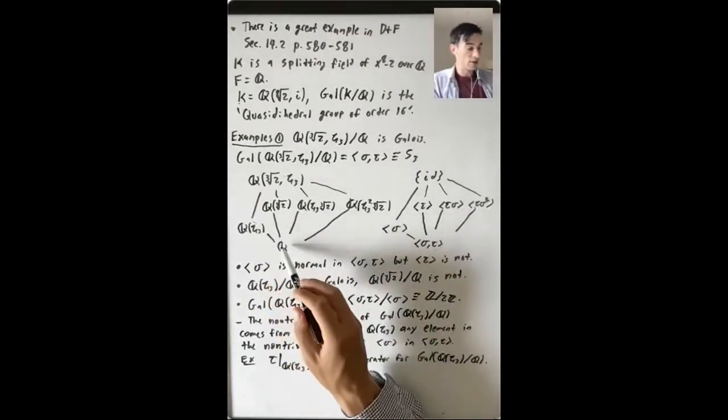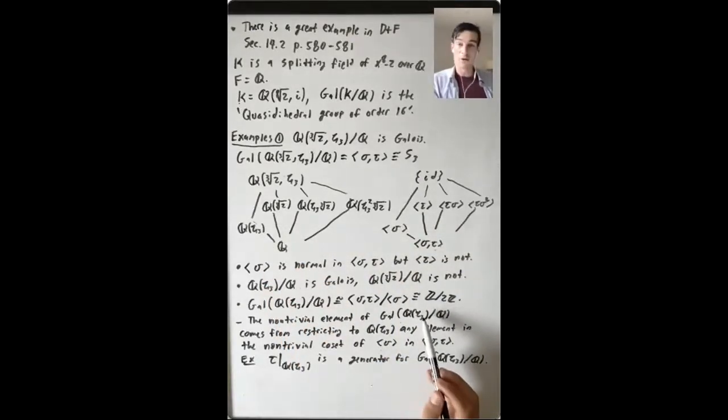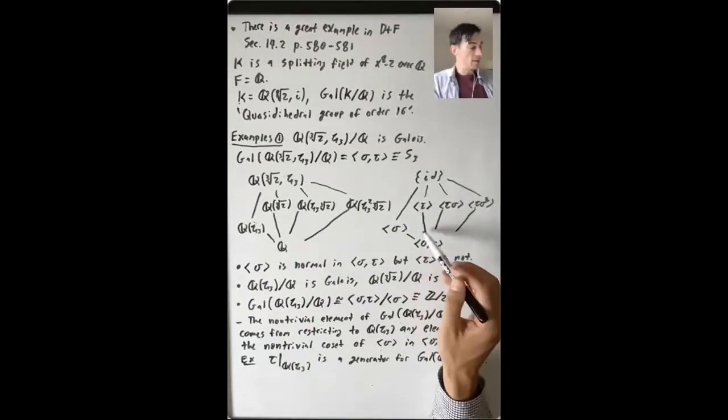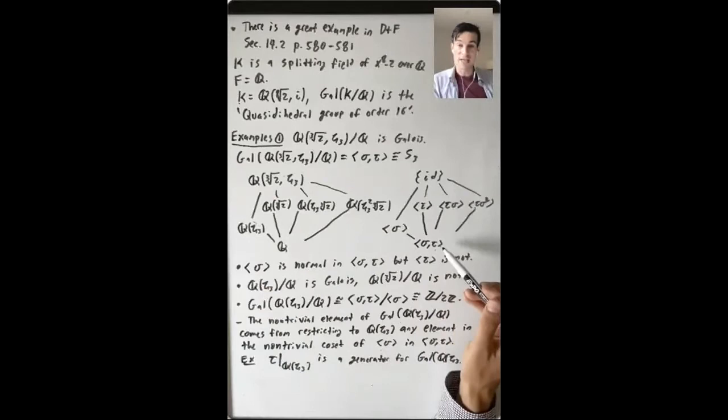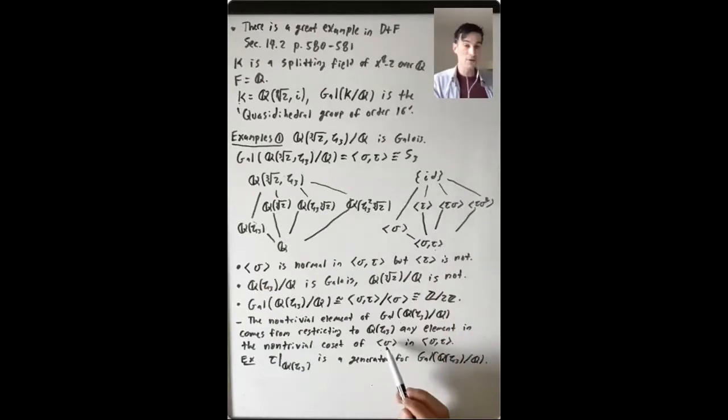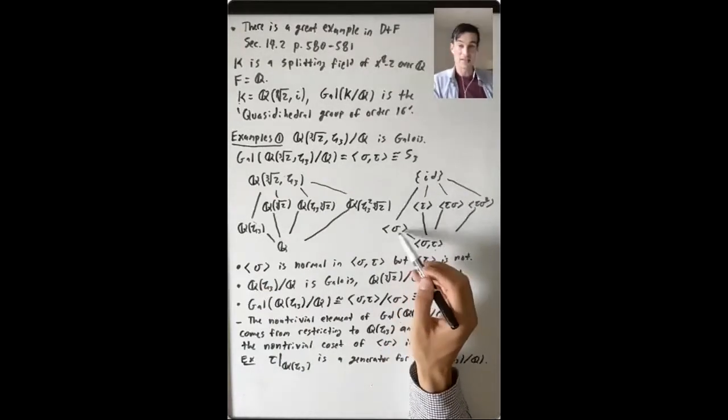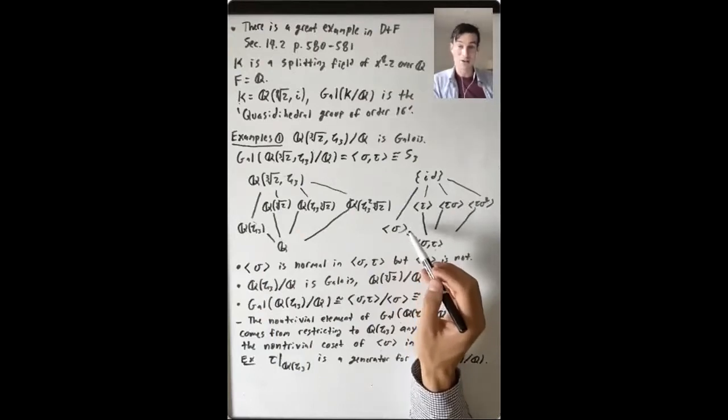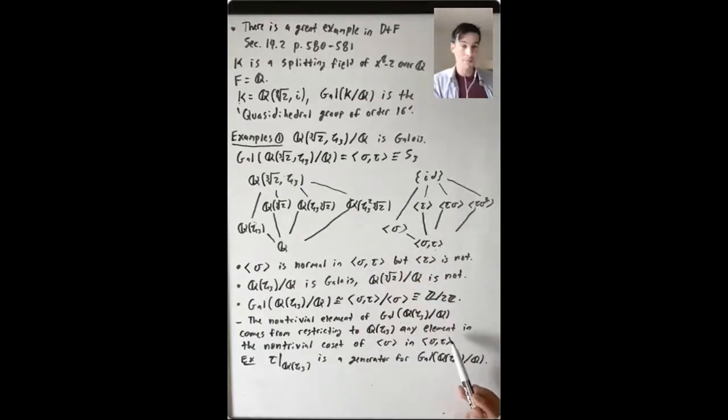So where does a non-trivial element of the Galois group of zeta 3 over Q come from? It comes from taking an element inside this group G that's in the non-trivial coset of this normal subgroup H, the one generated by sigma, in the big group.